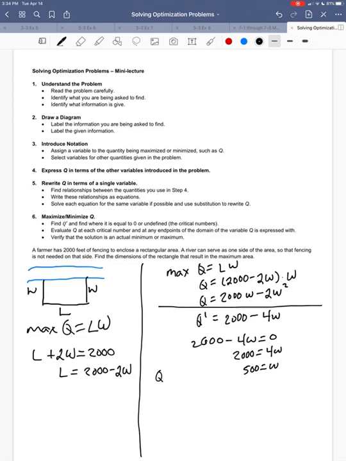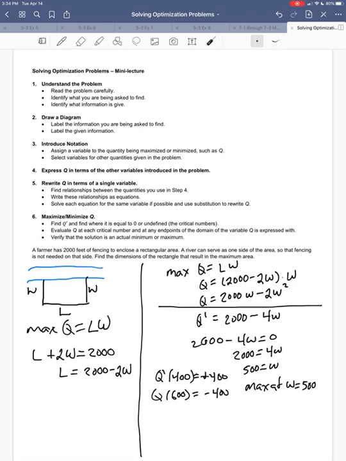If I look at Q prime of 400, for instance, that's 2,000 minus 1,600, which is positive 400. Whereas if I put in 600, that's going to be negative 400. That means it's increasing, with a positive derivative, at 400 and decreasing at 600. So it was increasing and then decreasing. This must be a maximum. So it's going to be a maximum at W equals 500.